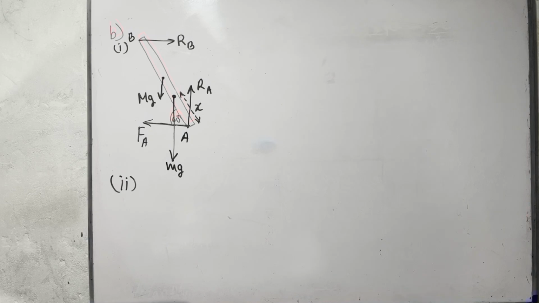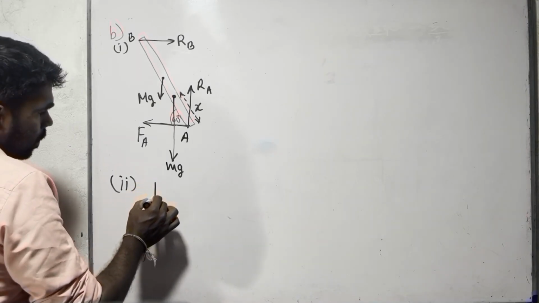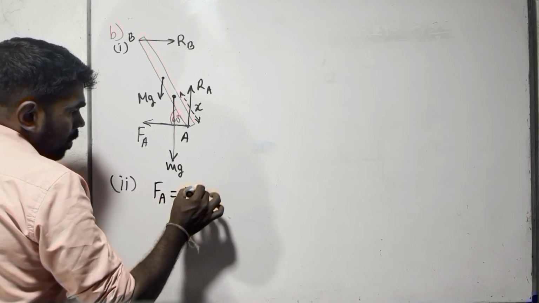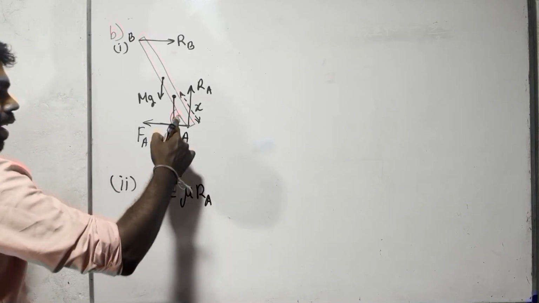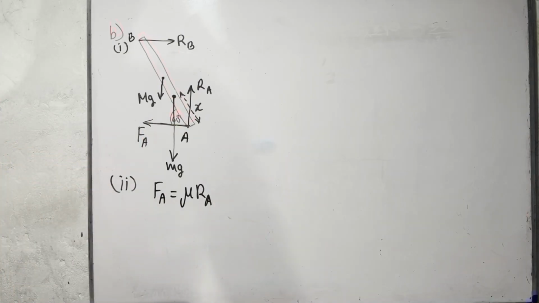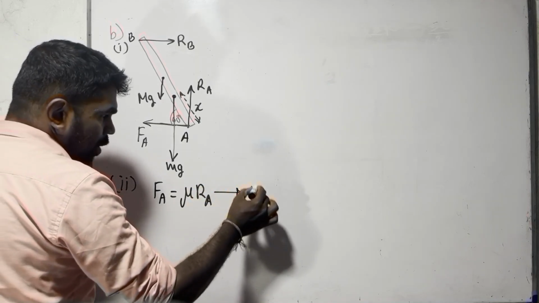For the limiting equilibrium, we can write frictional force is mu Ra. Ra means reaction at this point, mu Ra. I will mark this one as the first equation.